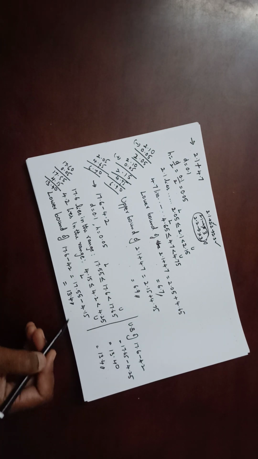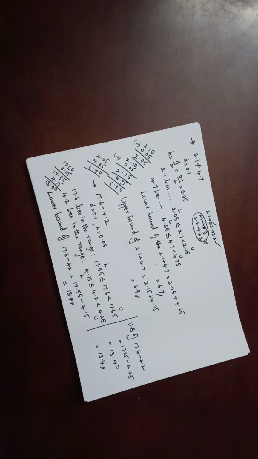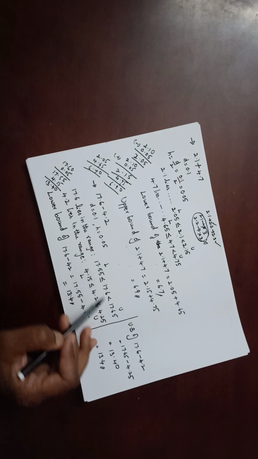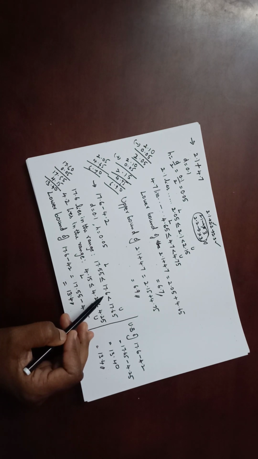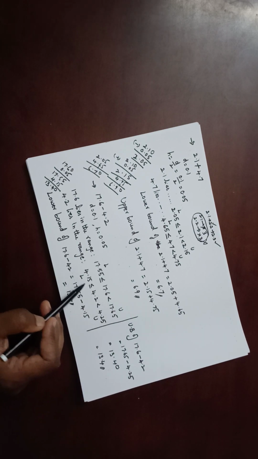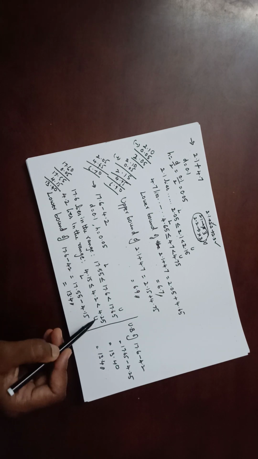So here the lower and upper bounds are one and the same. We should check. Lower bound is 17.55, 17.6, 17.65. 4.15, 4.2 lies, and 4.25.